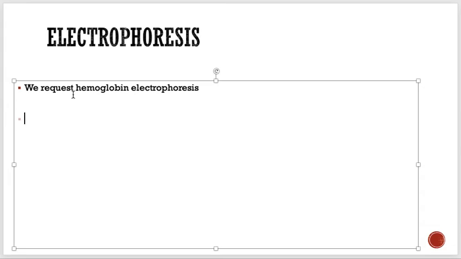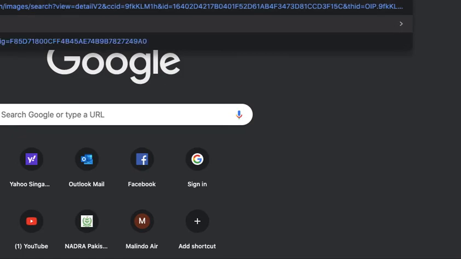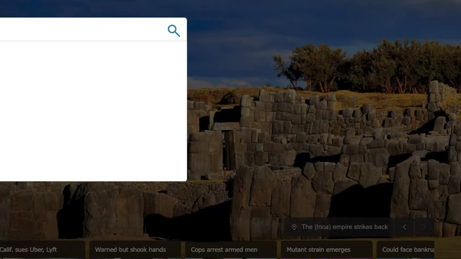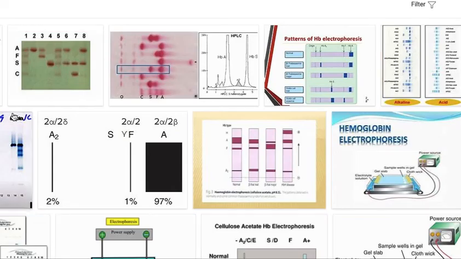So simply, hemoglobin electrophoresis is a blood test. It can detect different types of hemoglobins. Hemoglobin electrophoresis, if there is success over here, yeah, this one.